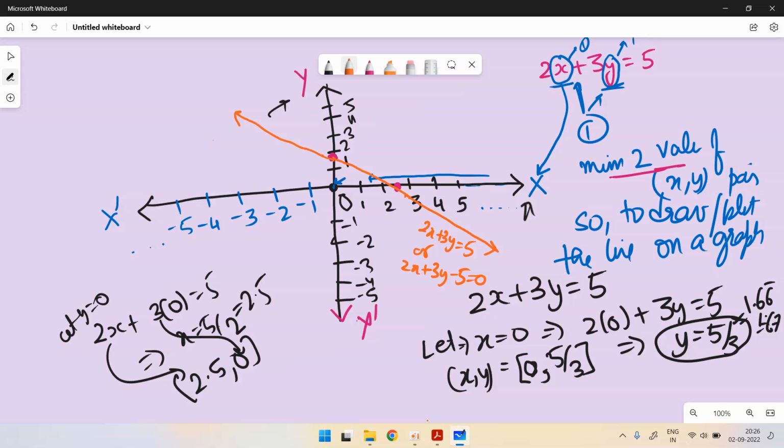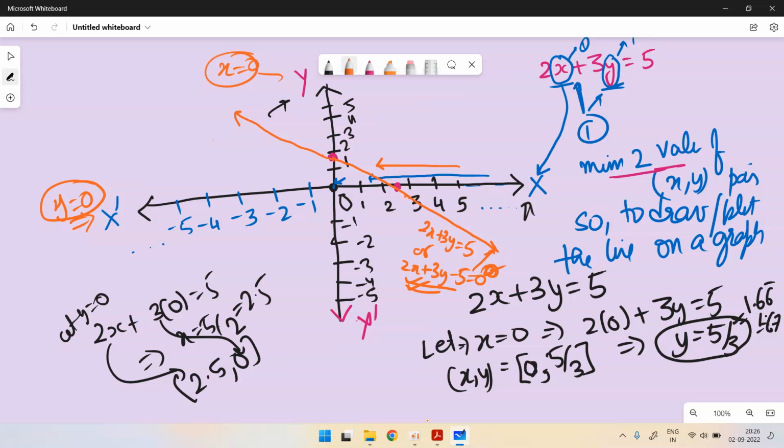Always try to write in the second form, because here the right-hand side is 0. If you want to write the x-axis, it is y equal to 0, and if you want to write the y-axis, it means x is equal to 0. For any point on the x-axis, y is always 0. On the y-axis, the value of x is 0.